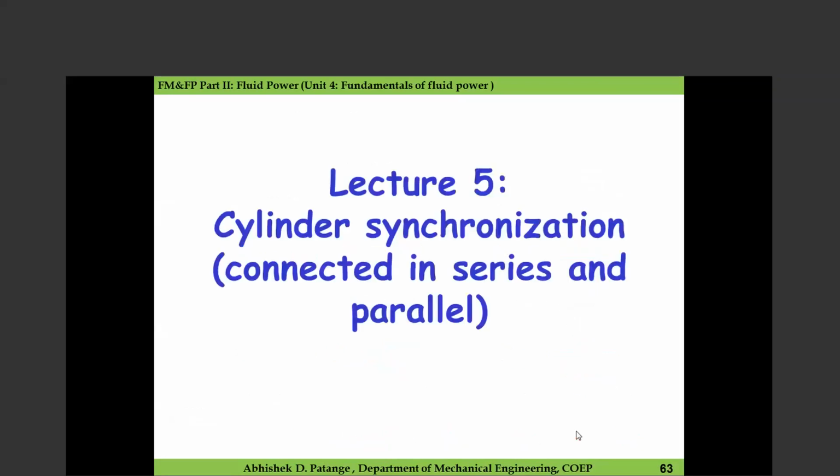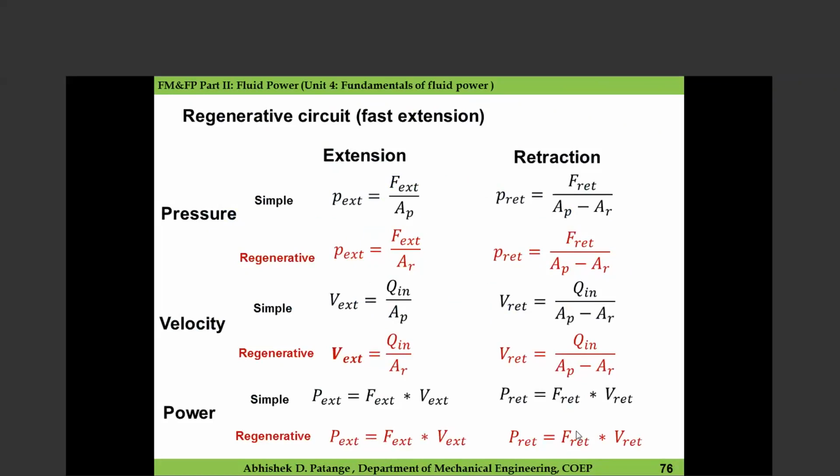So this is how the regenerative circuit can be analyzed with respect to the simple circuit. Here we are achieving greater speed without adding any additional component, just by rearranging the simple double acting cylinder circuit with some special arrangement, we are able to achieve fast extension.